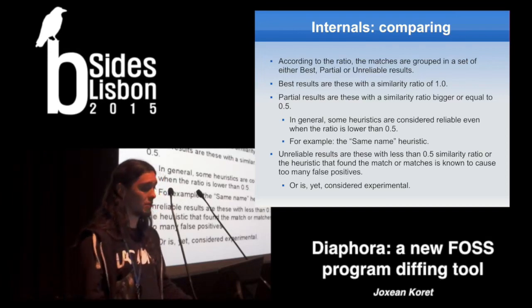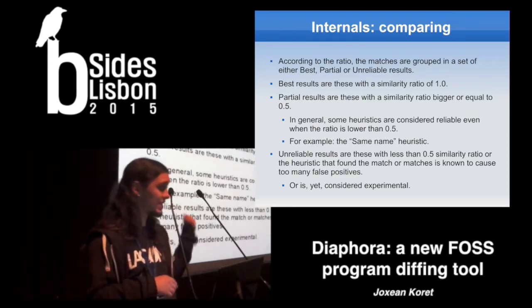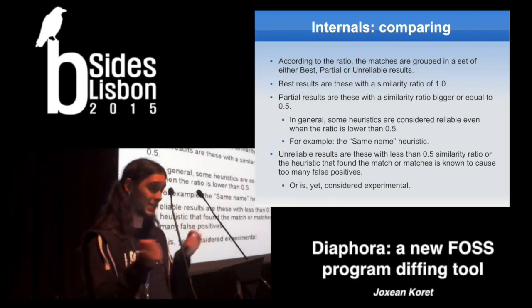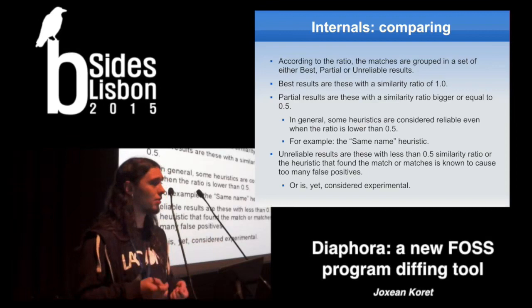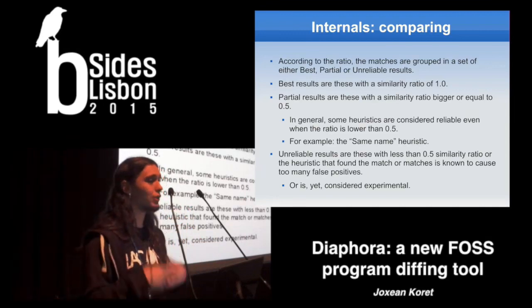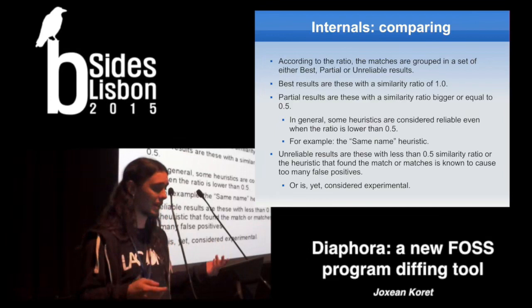In general, some heuristics are considered reliable even when the ratio is lower than 0.5. For example, the same name heuristic compares functions that have the very same name. Not IDA generated names like sub_ plus some address, only true names, like, I don't know, CreateFile or something like that.